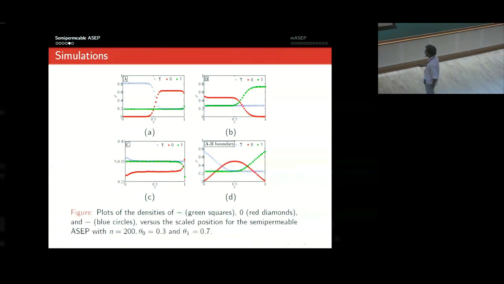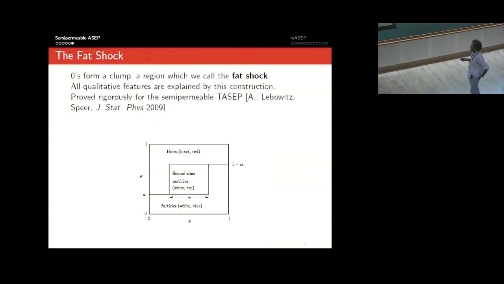This can be explained physically through a construction which I worked on with Joel Leibowitz and Gene Spear for the totally asymmetric case when Q, gamma, and delta are 0. So what happens is that your second class particles, which are the zeros in this case, are all stuck together and they sort of move in tandem.